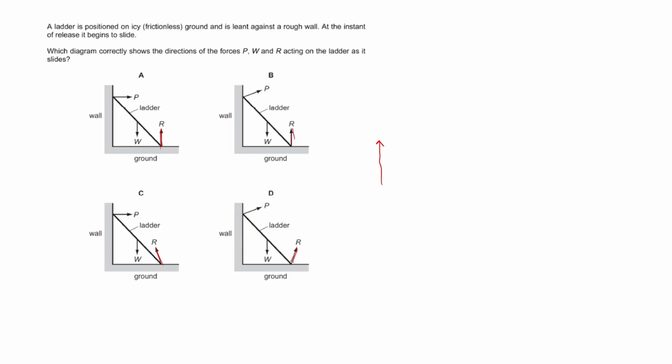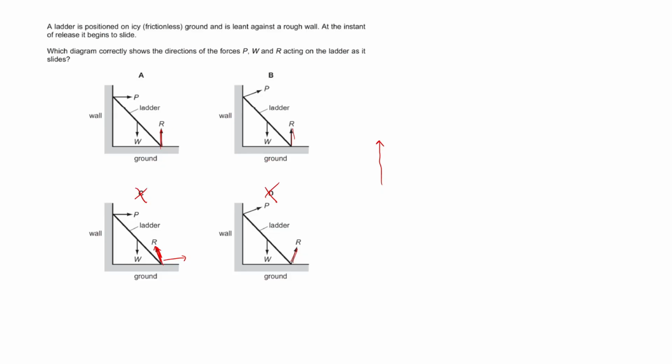The weight of the ladder keeps it from falling out at the bottom, because there's some force going inwards here. If it was normal ground, it would point inwards, but since there's no friction, there's nothing holding the bottom of the ladder inwards. So it's not C or D.